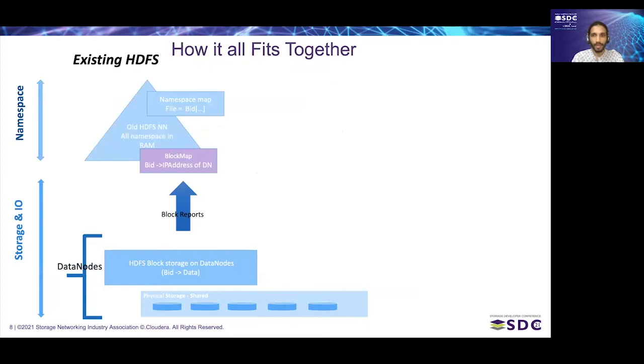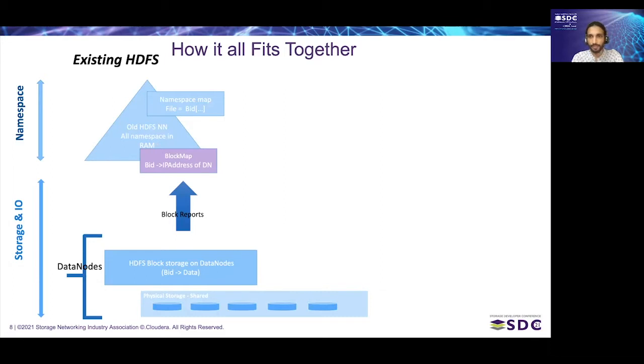Let's have a deeper look into the HDFS architecture, and then we'll see what all improvements Ozone has done in its own architecture. The HDFS comprises of data nodes and a name node. The data nodes are the physical host storing the file data.